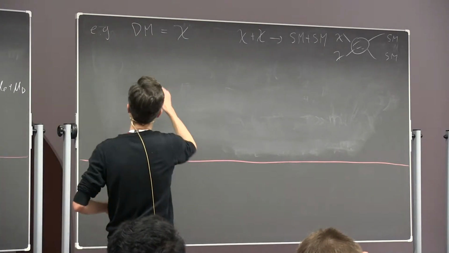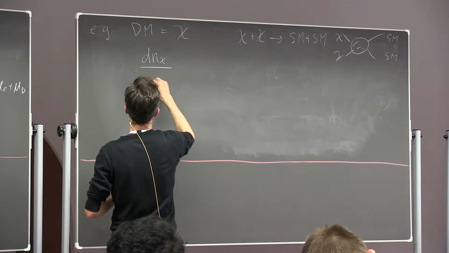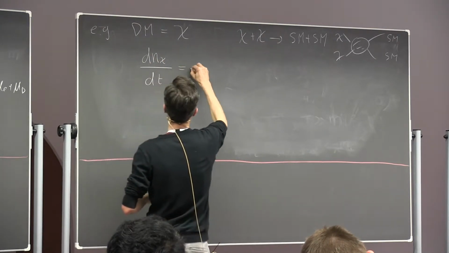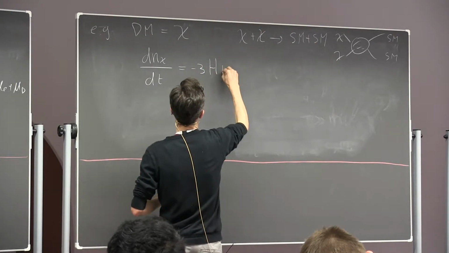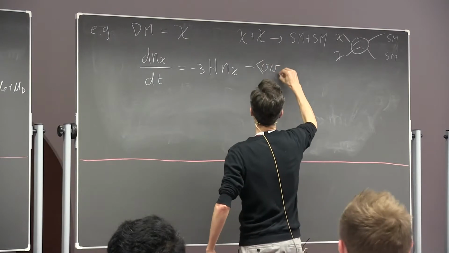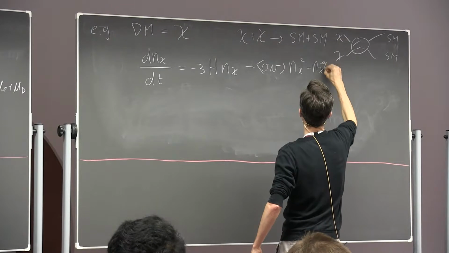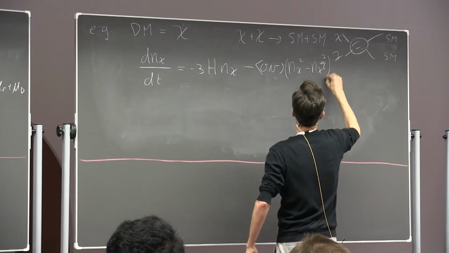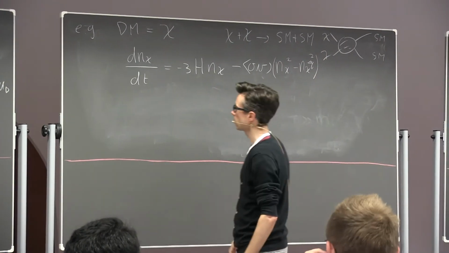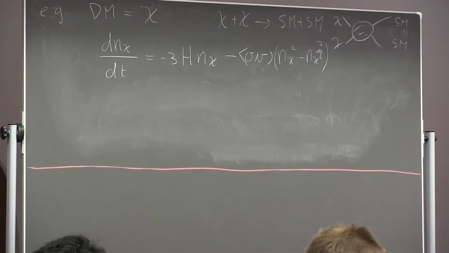It turns out that the Boltzmann equation for dark matter chemical decoupling is given by the following form. So this turns out to be my Boltzmann equation for dark matter decoupling.